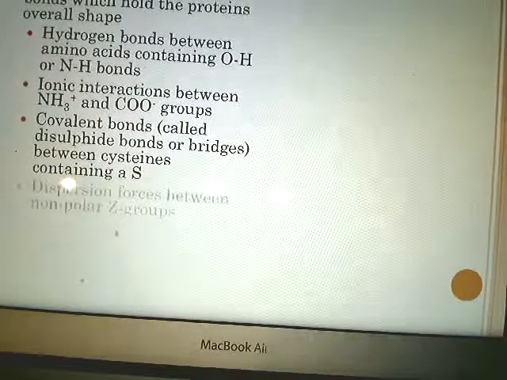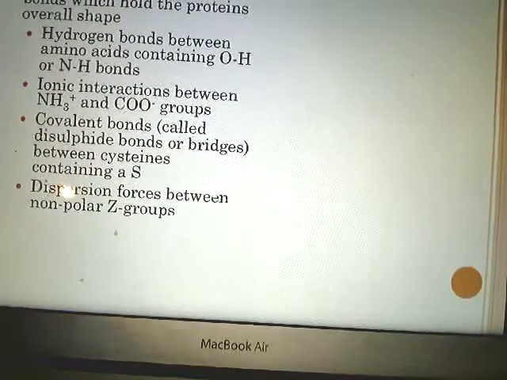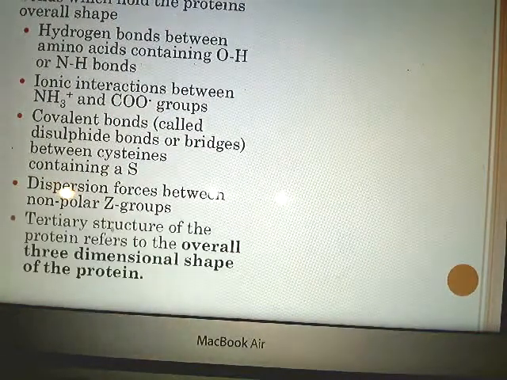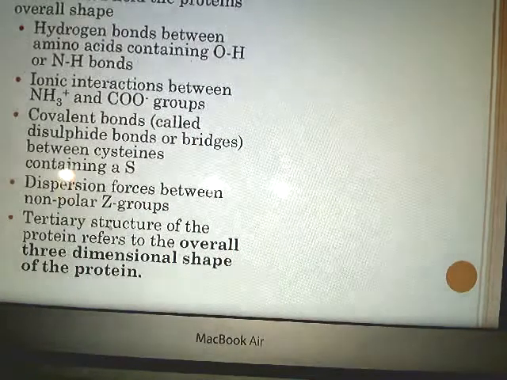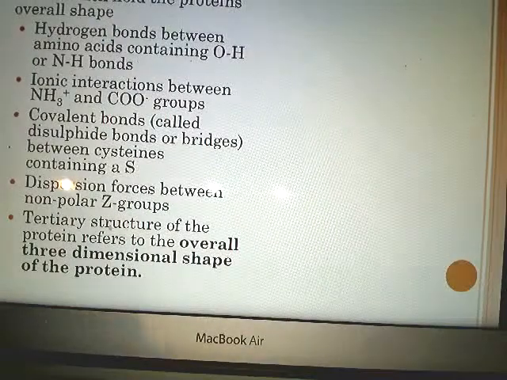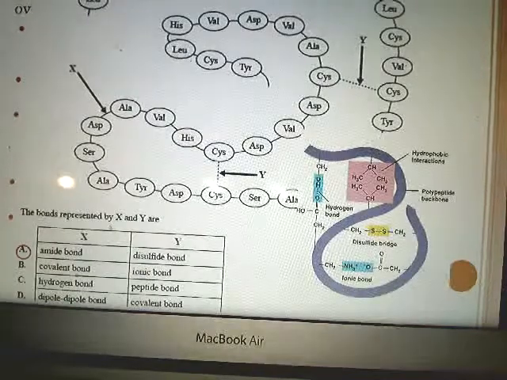So originally they're SH, these H's come off and the S can bond together. This is a covalent bond, it's very strong. And then we can have dispersion force interactions between non-polar Z groups. So that's primary, secondary, and tertiary structure.